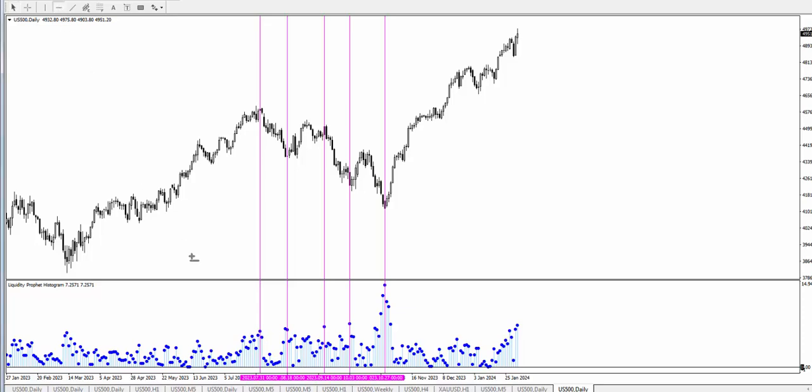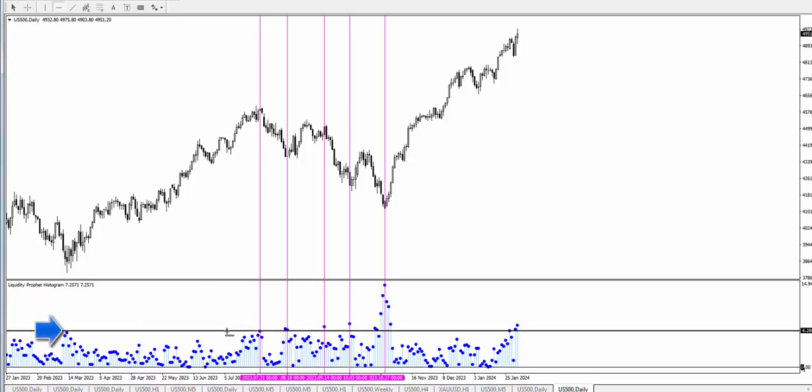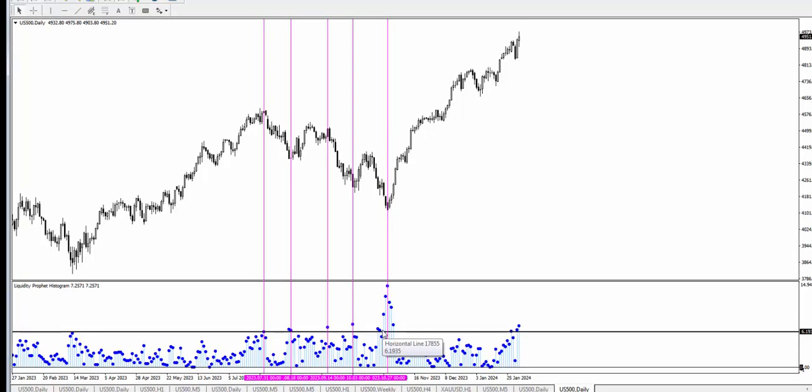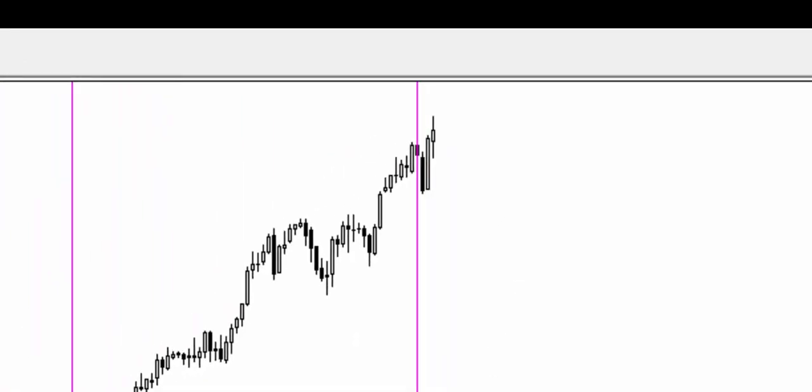So I can take this level here because that was a good turn, and you can see how close these levels are. That one exceeded a little bit, so did that one. But these are all telling you that, relatively speaking, when you get these sorts of levels of liquidity printed by the histogram, you should be careful that the market is not going to turn on you.